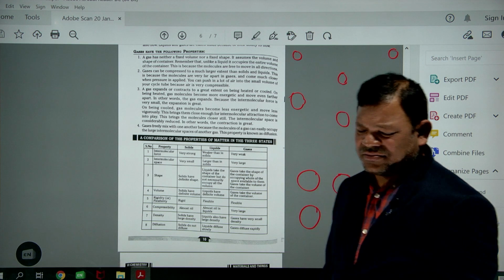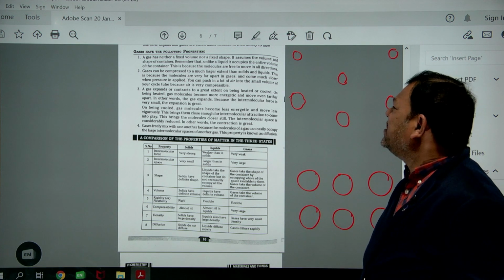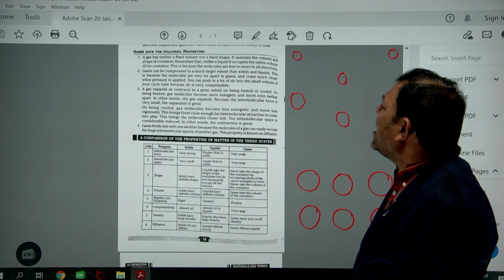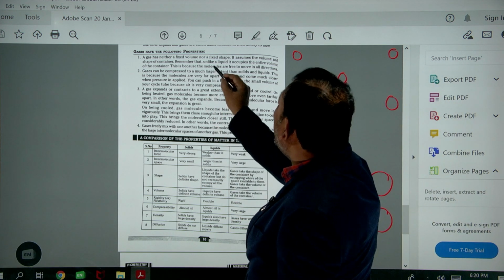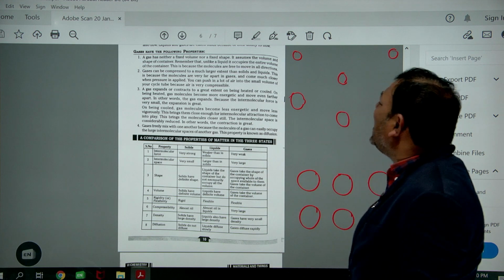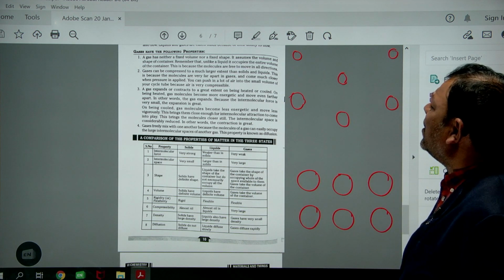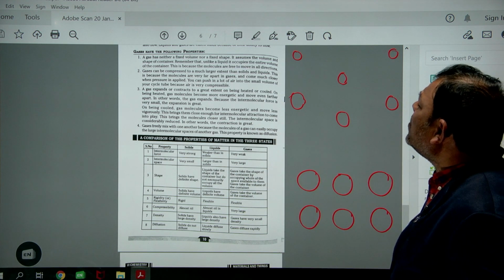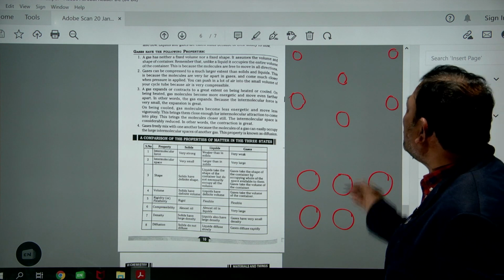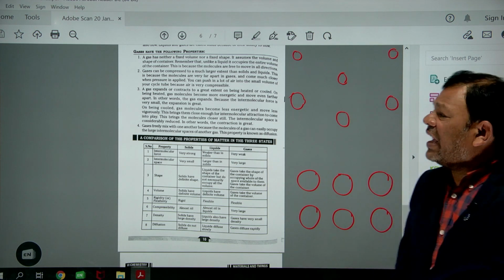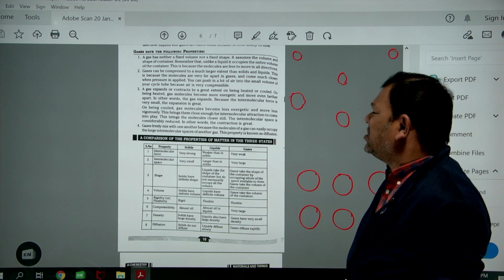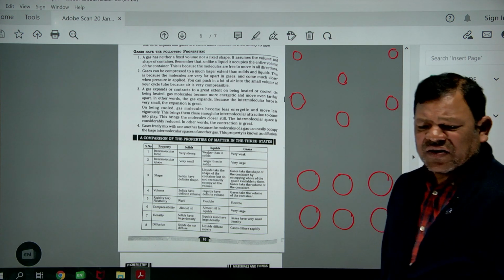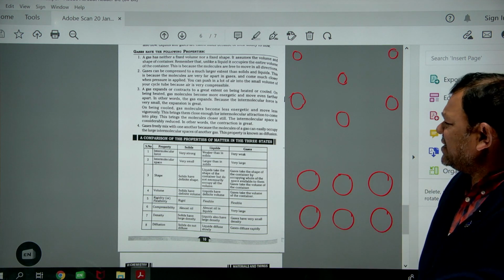Unlike liquids, it occupies the entire volume of the container, because the molecules are free to move in all directions. So that is the first point about gases.